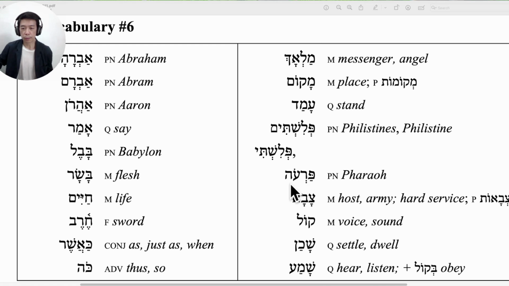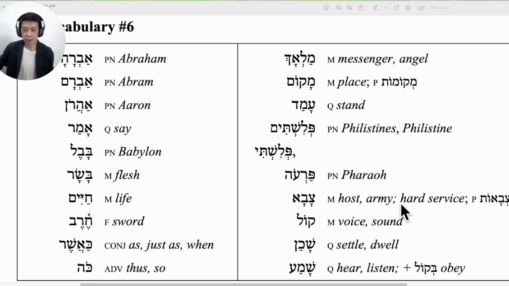The next word means host, army, or hard service. In Hebrew, it's pronounced as tzava. That's in the singular form. In plural form, it's pronounced as tzevaot.